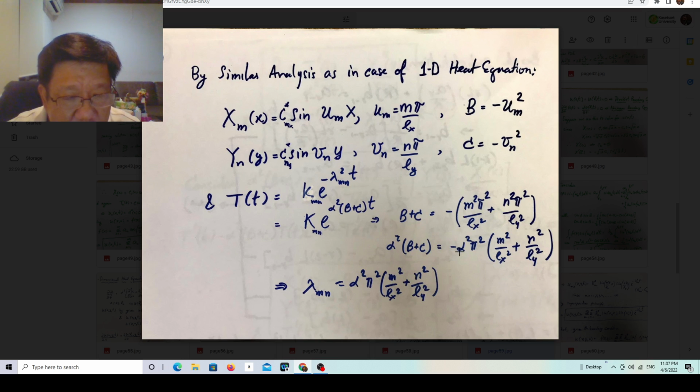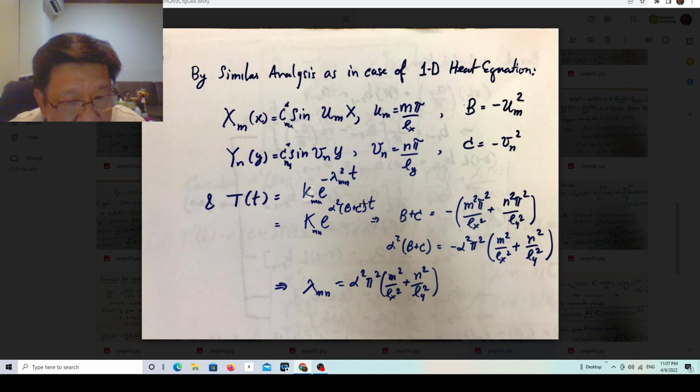If you take this as lambda_mn, equal to the positive value, then minus lambda_mn is equal to alpha squared times (b plus c), which is the exponent over here. So just play around with the notation.